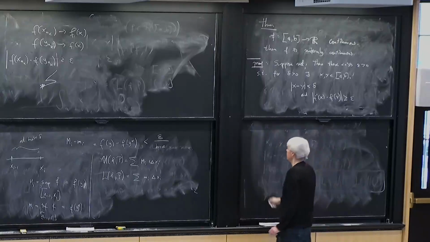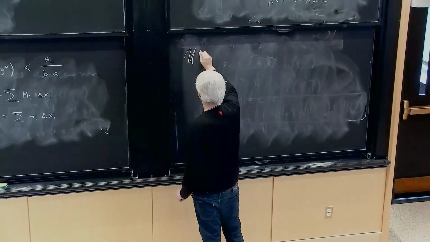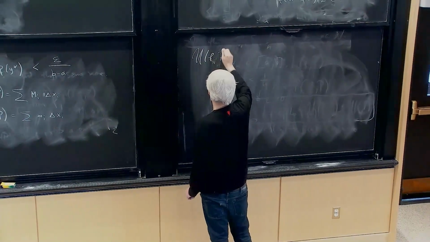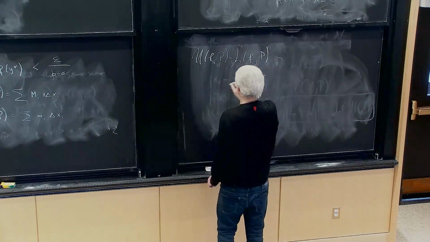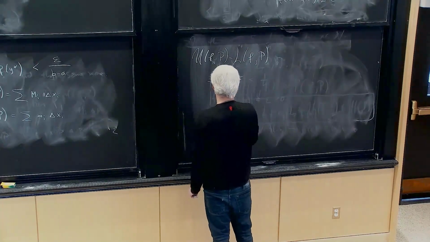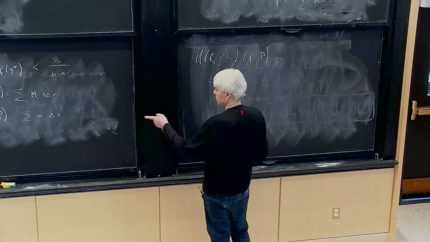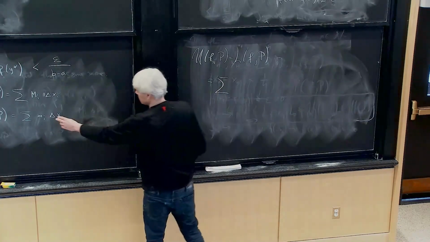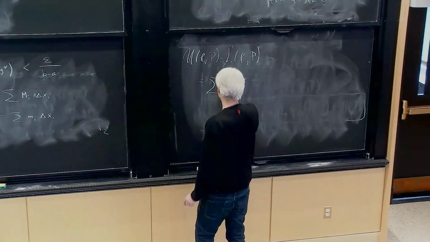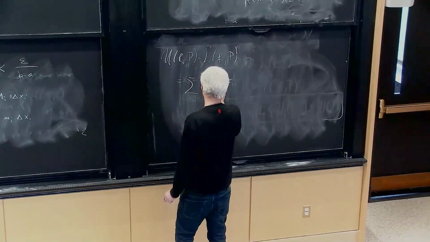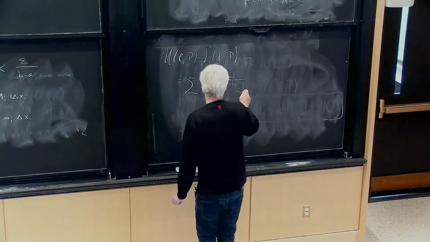So if you're looking at U(f,P) minus L(f,P), this is now the sum here. This thing is the same, so you can write the difference in one sum. Let's maybe just write it out first.